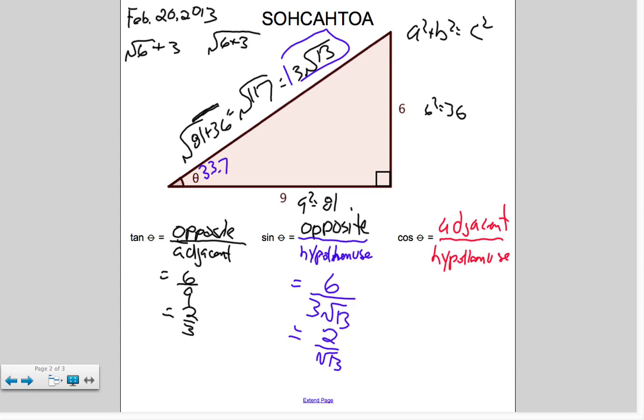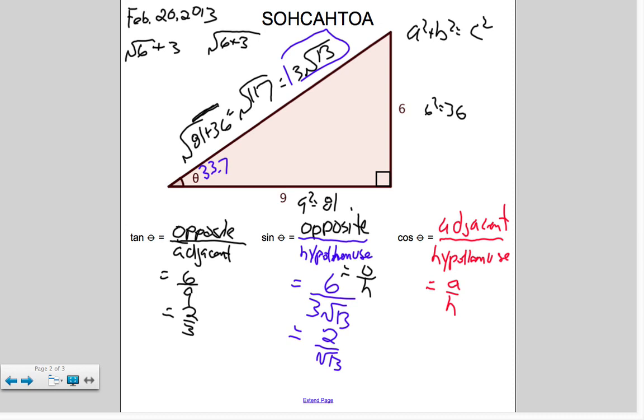Actually, I forgot to abbreviate this. Sine of theta is opposite over hypotenuse, O over H. So cos of theta is A over H, adjacent side over the hypotenuse. So that ratio.